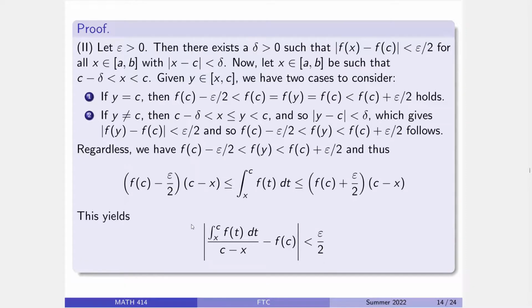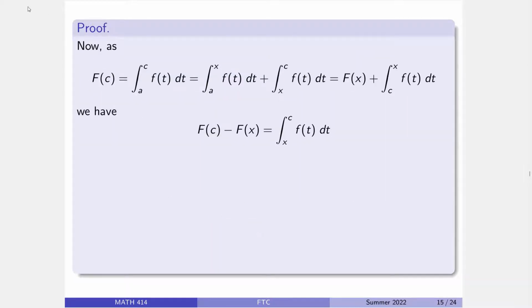Now, this top part we're going to turn into some f of x's. Specifically, f of c, by definition, is this. x is strictly between a and c, so I can split it in twain like this.